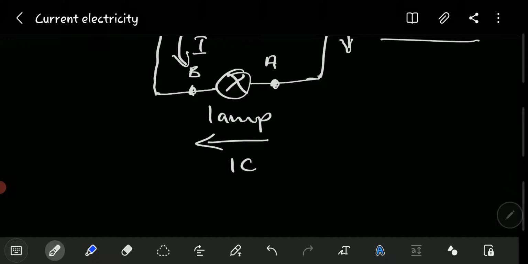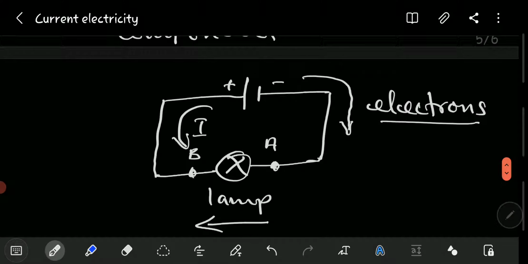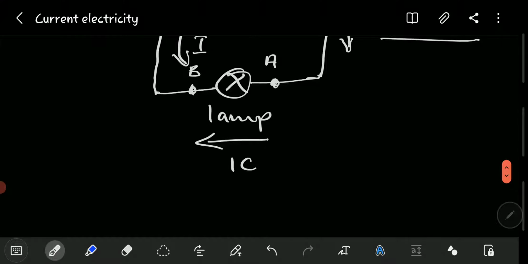The circuit component may be a lamp, like in our particular case, or it may be a resistor, and there are so many other circuit components like diodes and so on and so forth. All right, so that is about potential difference.